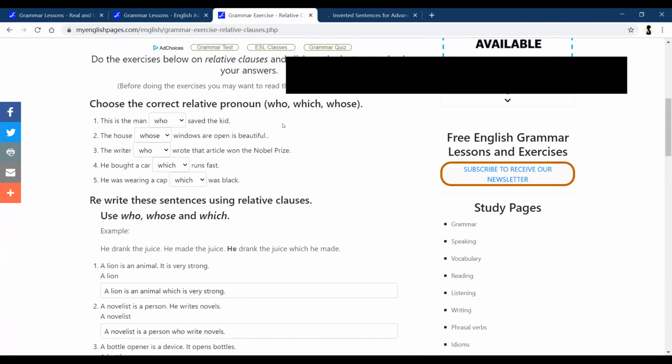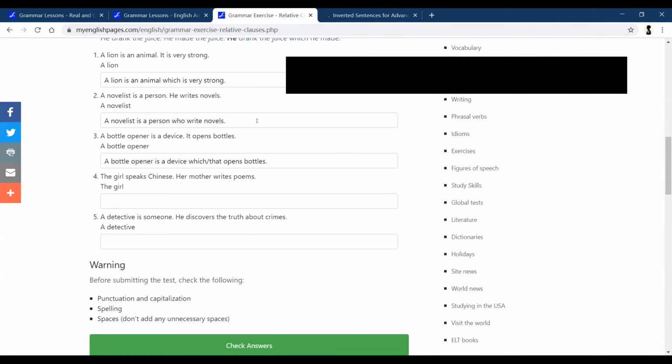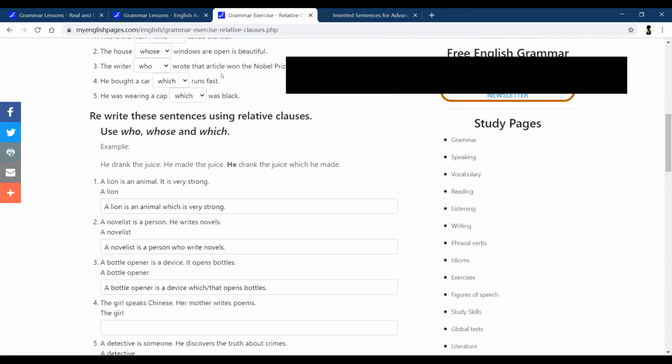We can say the house is beautiful, and the house's windows are open. So this is the same logic with this question. So we'll say the girl whose mother writes poems speaks Chinese.